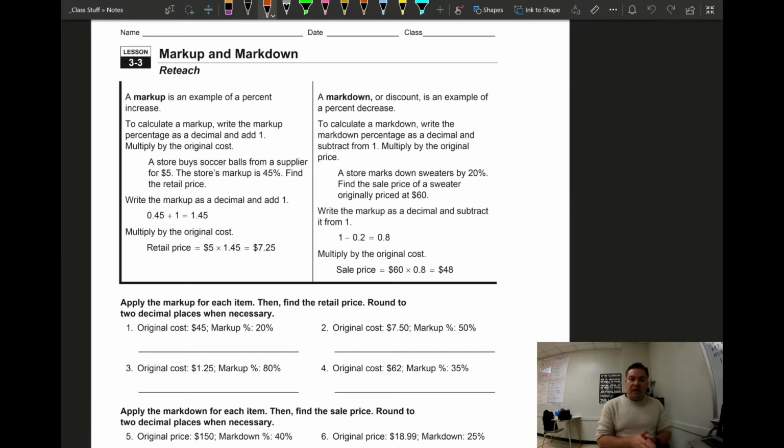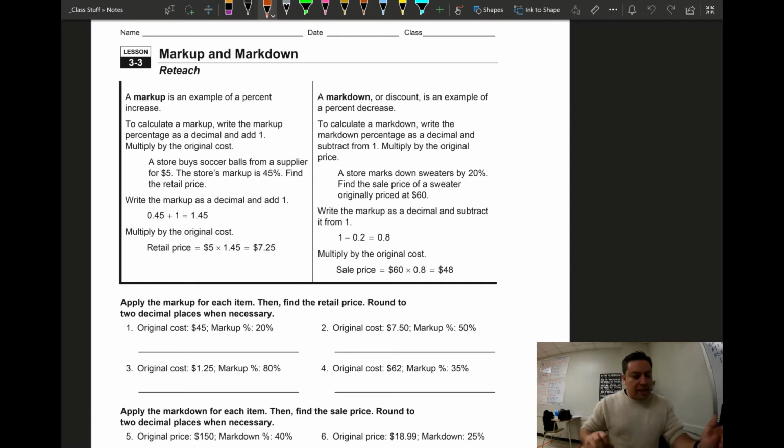Whenever it's a markdown, you can expect to pay less than whatever the price is at the moment, okay? So let's say something is $100 and it's 30% off, you have to take $30 off of that and it's $70. Instead of paying $100, you're going to pay $70, and we're going to learn exactly how to do the markup whenever it's the price increase, or the markdown whenever it's the price decrease.